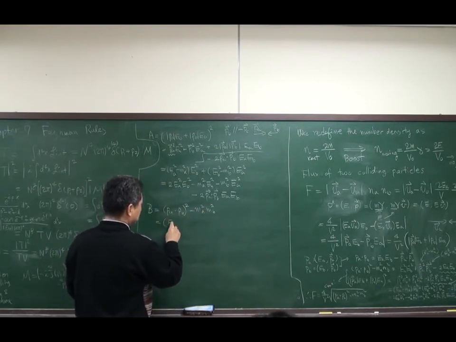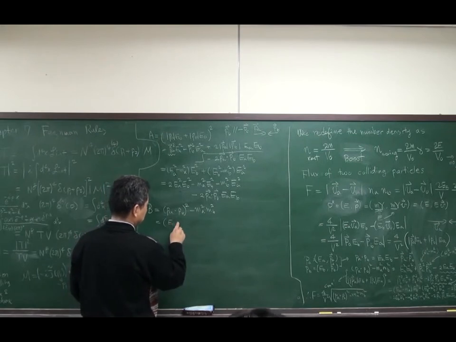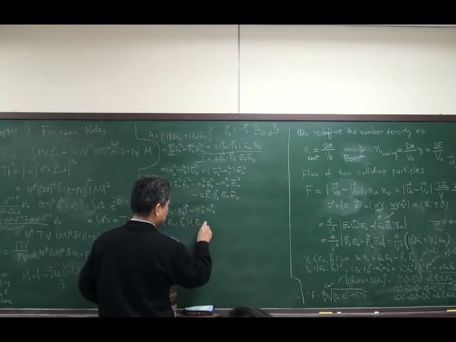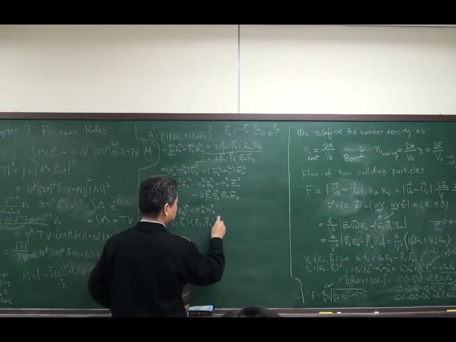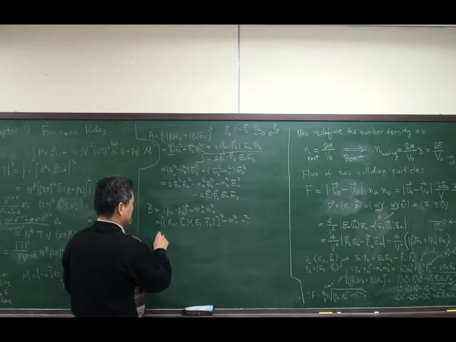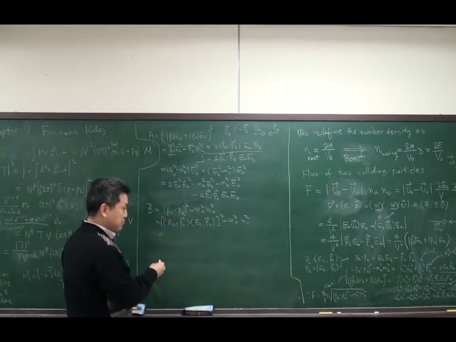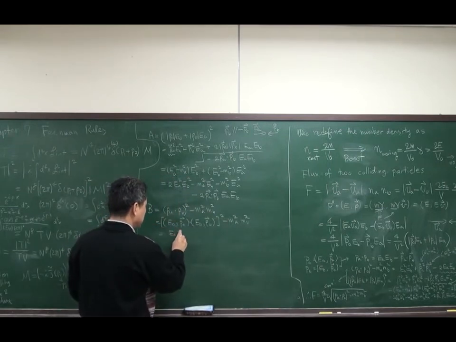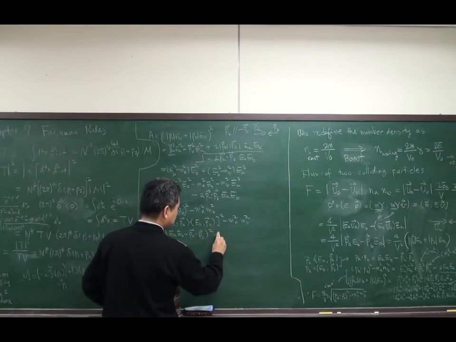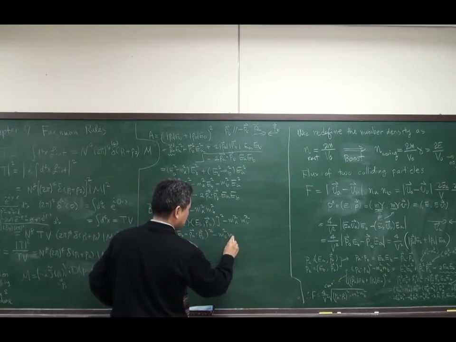This is EA EB, the scalar product, minus PA dot PB, squared, minus MA squared MB squared.